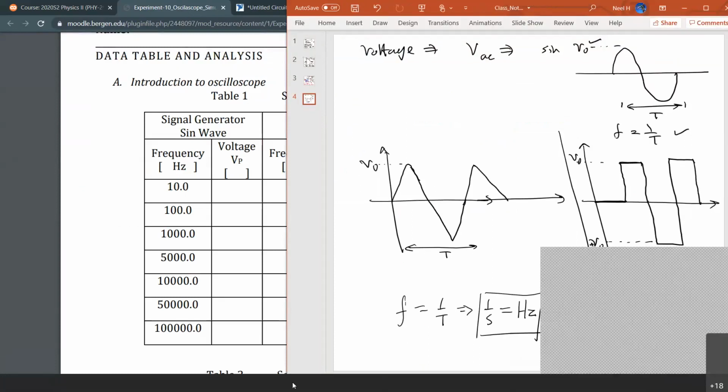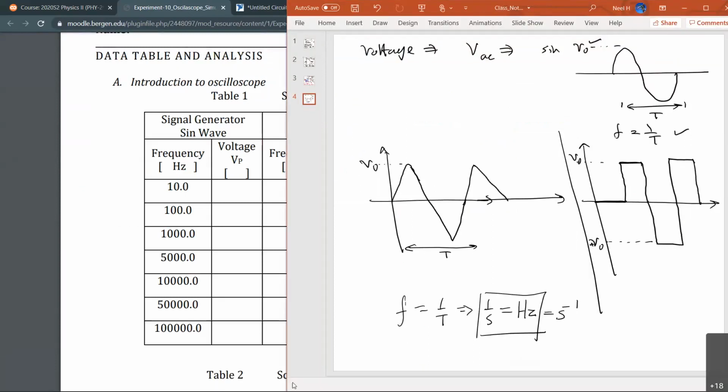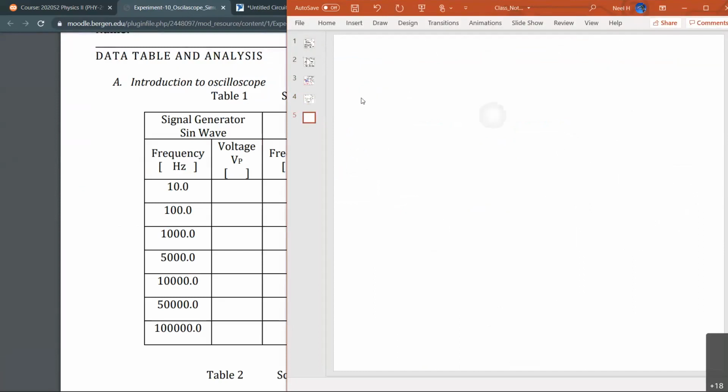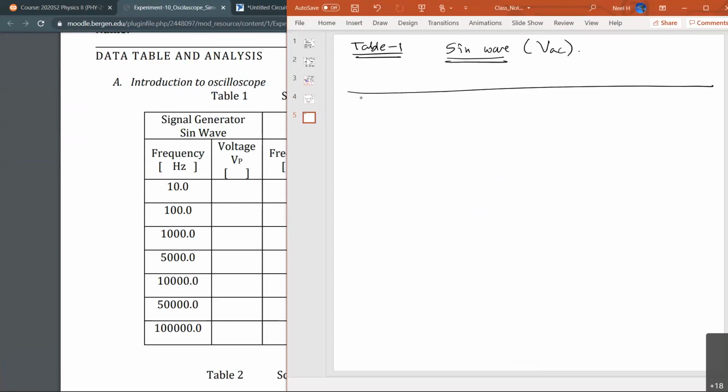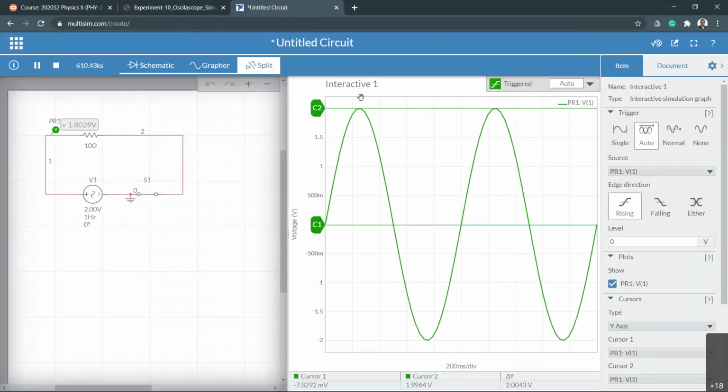Let's take a look at what this table is asking. Okay, guys, question. Right, let's work on table number one. Table number one, what is it asking? We are analyzing the sine wave now, right? Sinusoidal wave, technically VAC type. And then on that table, it is asking these things. The signal generator in your simulator is the power source.